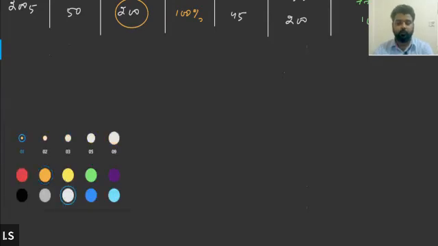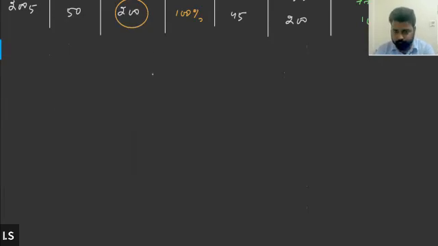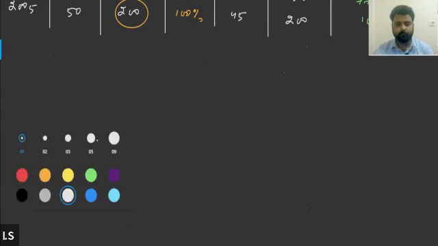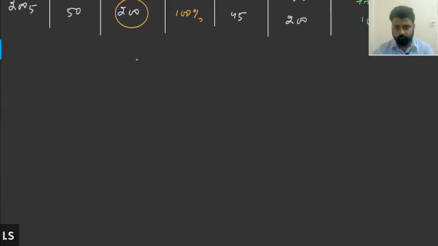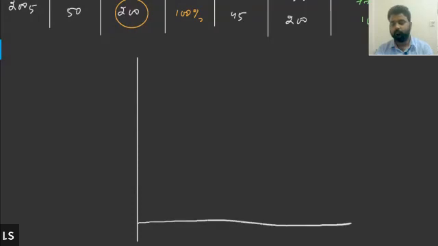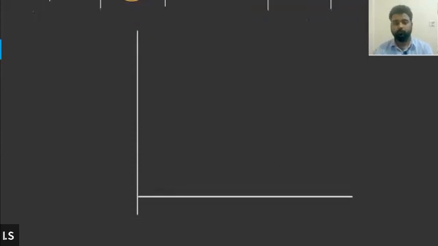Now we will be drawing a graph. So we will write down the profit generated by firm A on the x-axis, and profits generated by firm B on the y-axis.